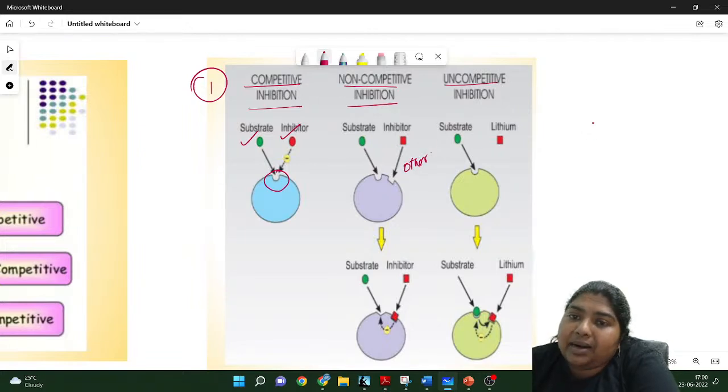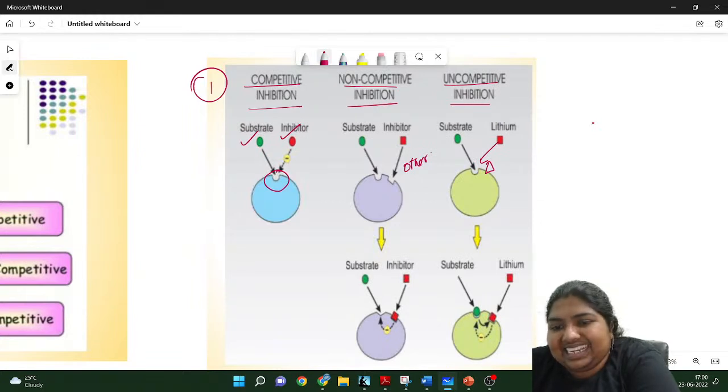In uncompetitive inhibition, what it does is it is going to bind to the substrate. So when the substrate is bound, then only the inhibitor will come and bind.